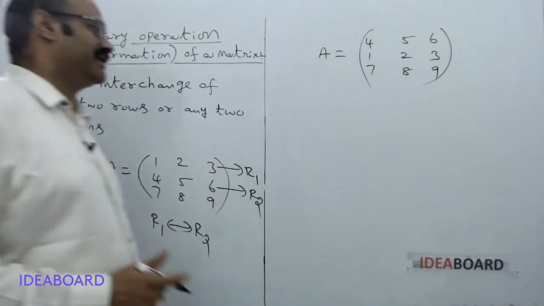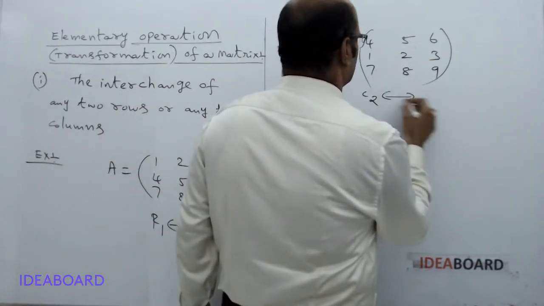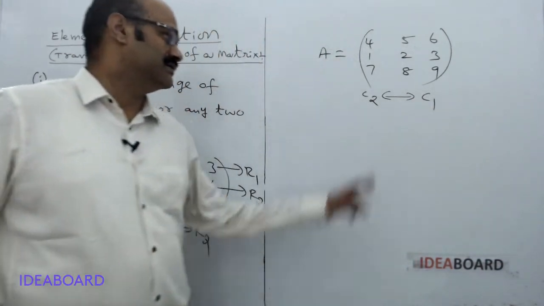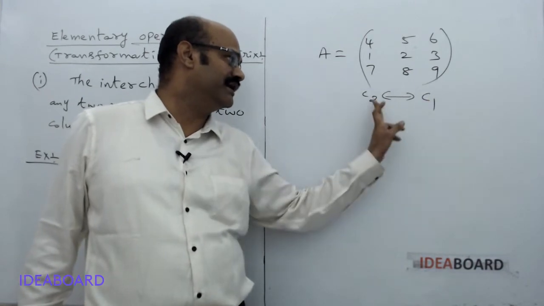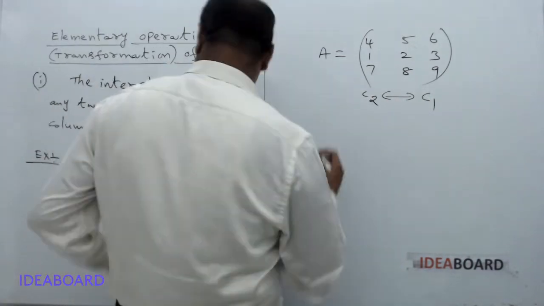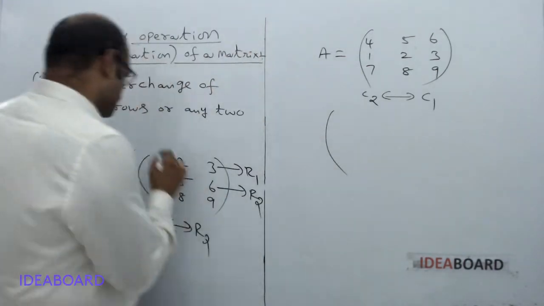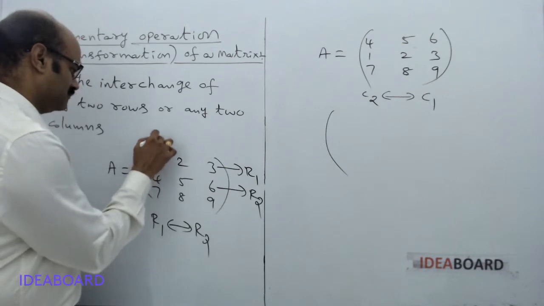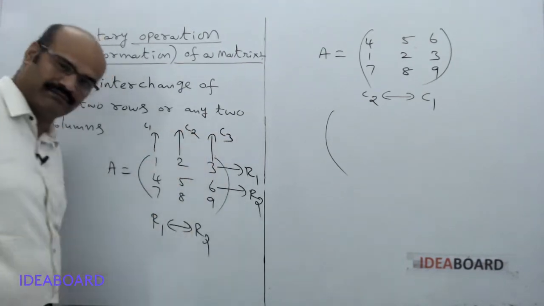Similarly, if you take the operation C2 to C1, the meaning of this is that column 2 and column 1 are interchanged. Here this is C1, C2 and this is C3.